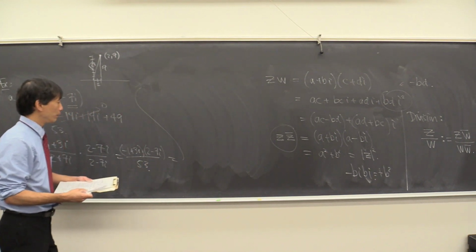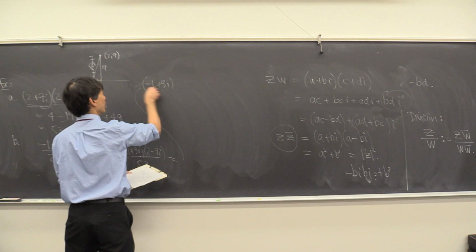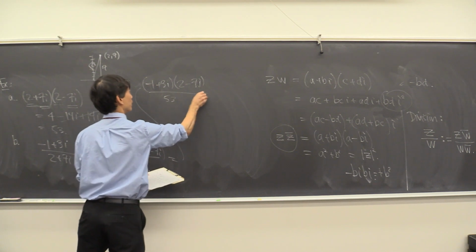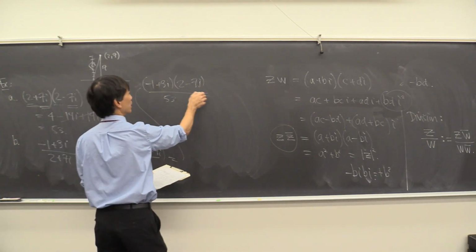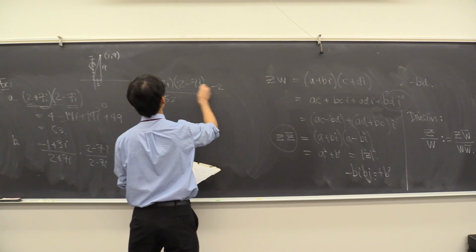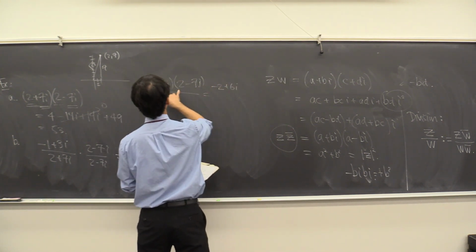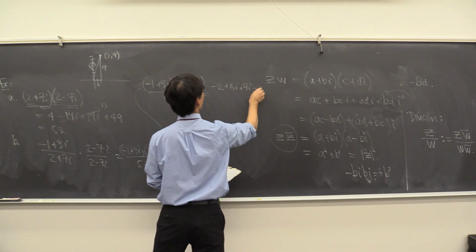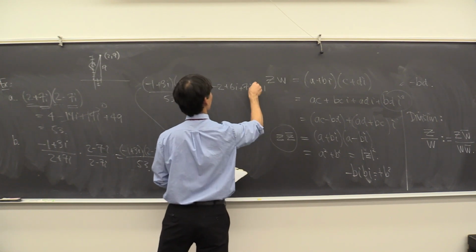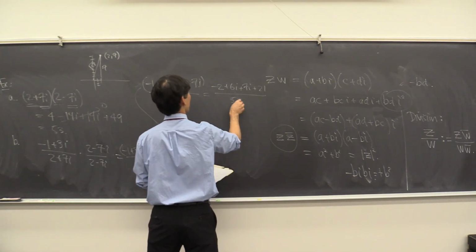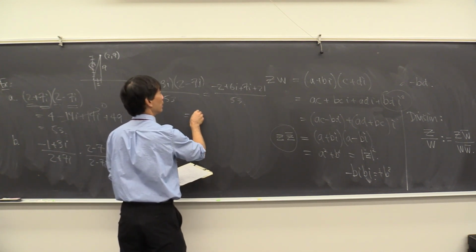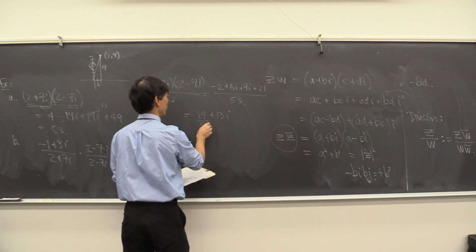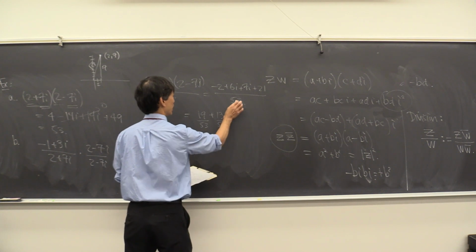Okay, so negative 1 plus 3i times 2 minus 7i over 53. What do we get on the top? We get negative 2, we get 6i, we get positive 7i, and we get negative 21i squared. And so we get 19 plus 13i over 53, so 19 over 53 plus 13 over 53i.